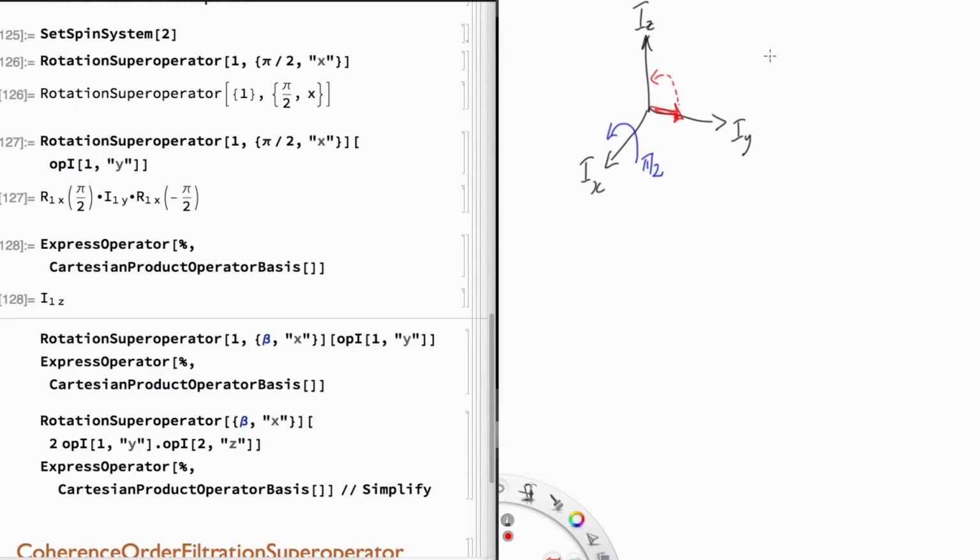Mathematically we write it as follows: the Rx pi over 2 superoperator acting on Iy gives Iz. Again, to emphasize, this is the sort of thing we do all the time when understanding and talking about NMR experiments. We use the language of superoperators all the time, in the sense that we say one operator gets converted into another operator.